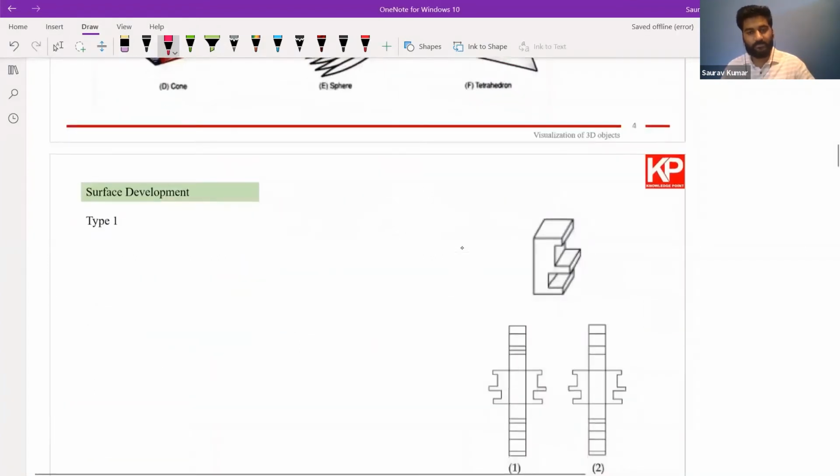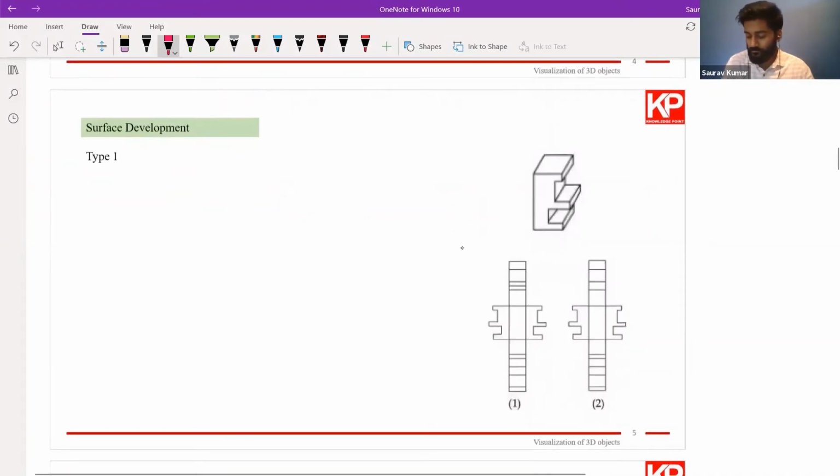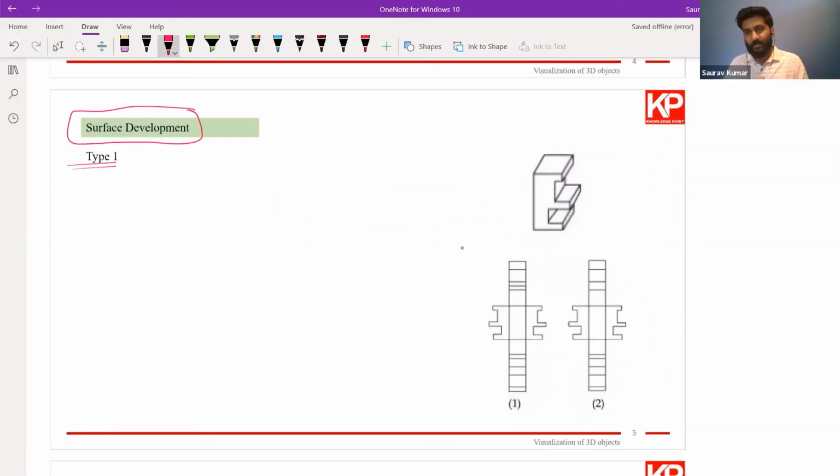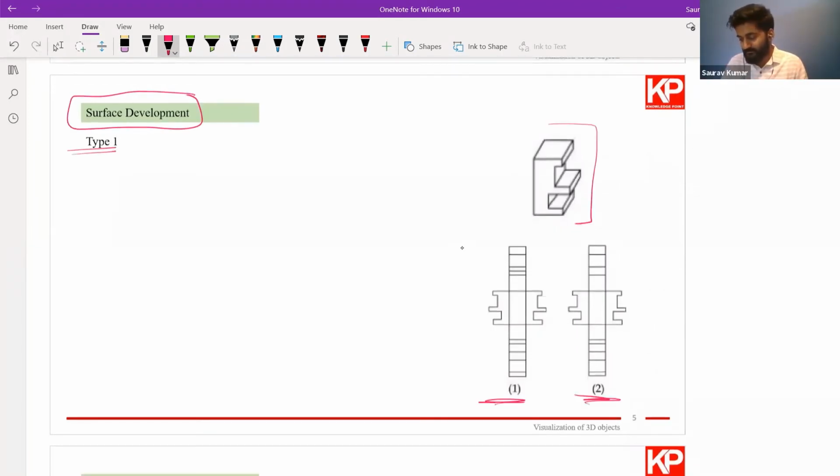In one of the options, when you fold the surfaces, like you turn them on this side, you use these cutouts, and then you fold, you will get this figure. So basically you need to identify which option will give us this figure.